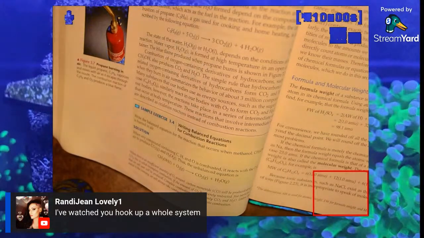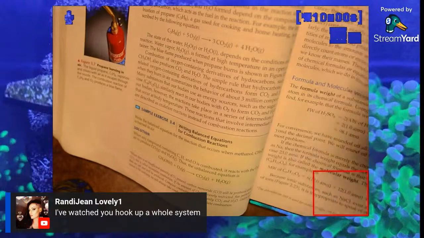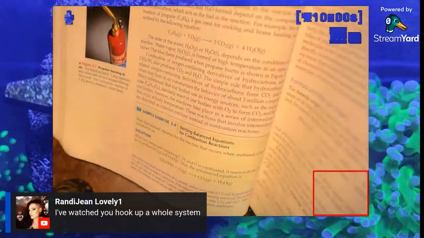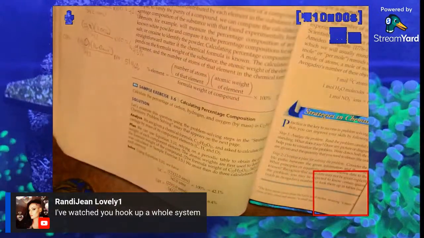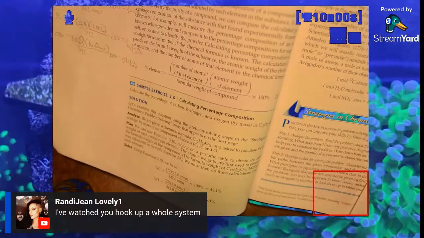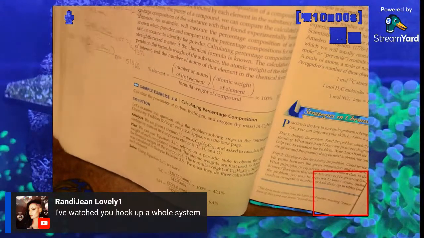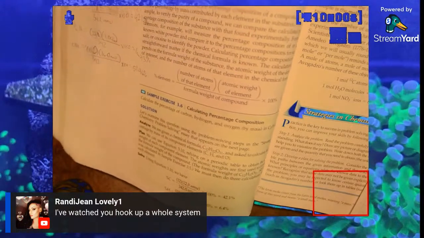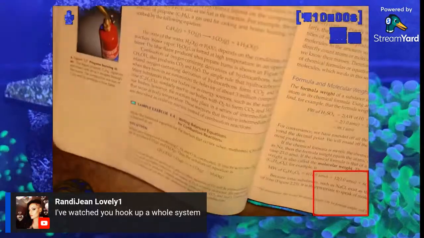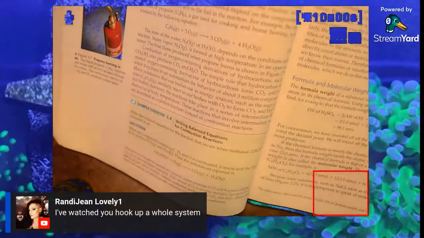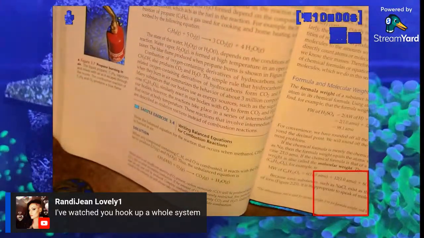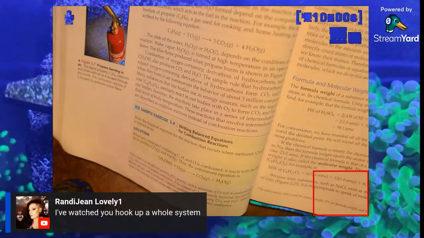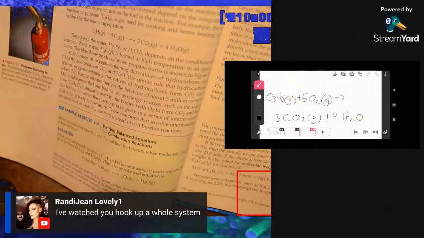I don't know if I should keep going or just stop, but I'm already at 41 minutes in, and I've been reading. Anyway, let's do this next problem in the book.